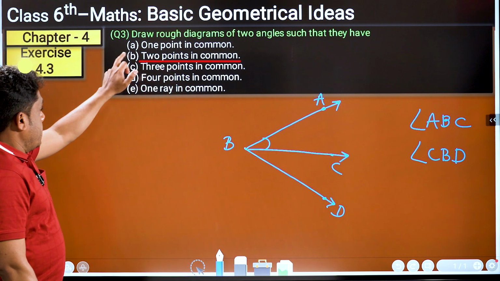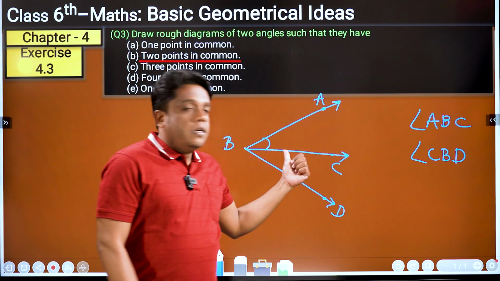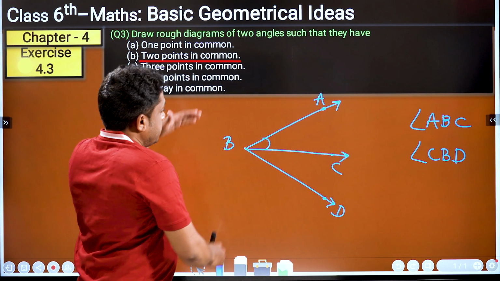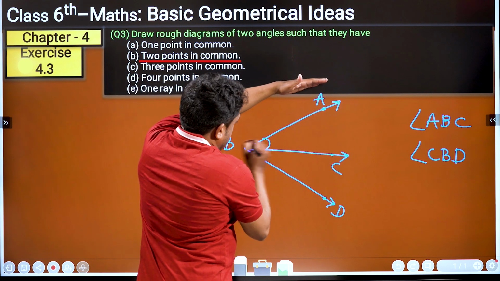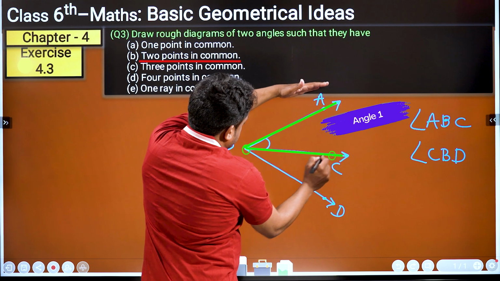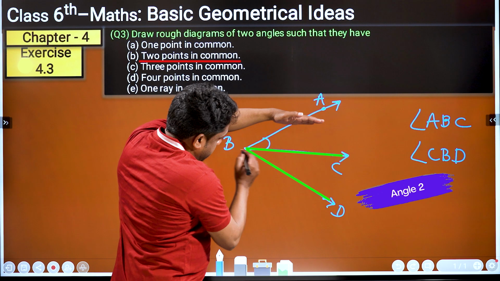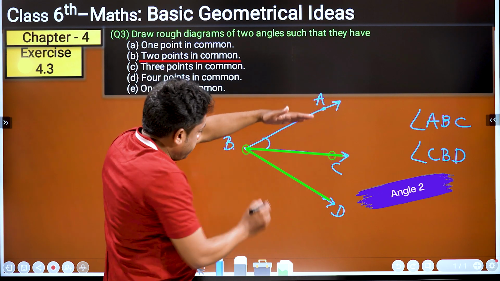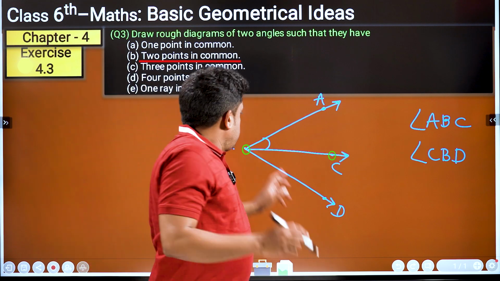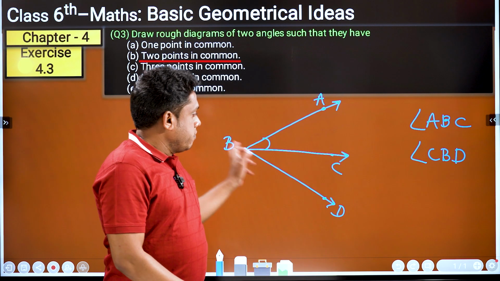Now we'll come to this B part: 2 points in common. Here we should point out 2 points in common. Look at here, angle ABC, this is the first angle. Here we have BC. If you consider your second angle CBD, here also you have BC. That means, can I say points B and C are common for both of these angles?